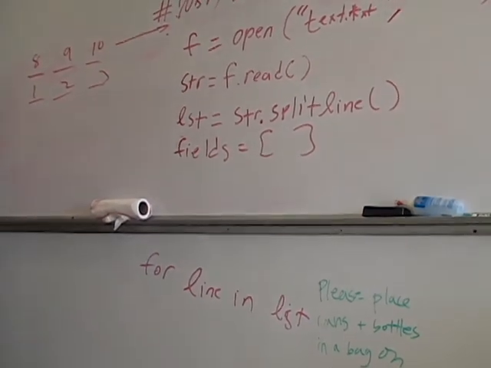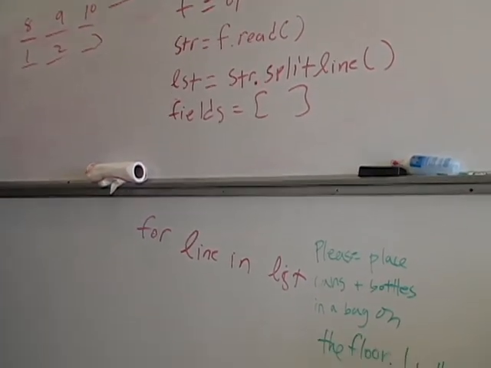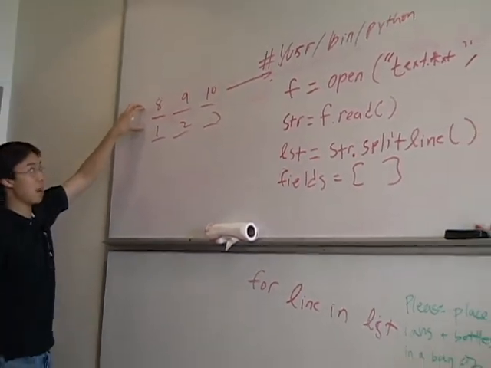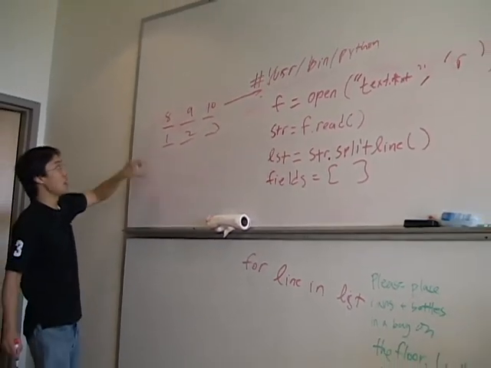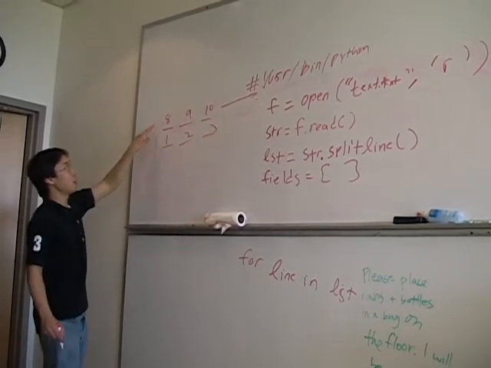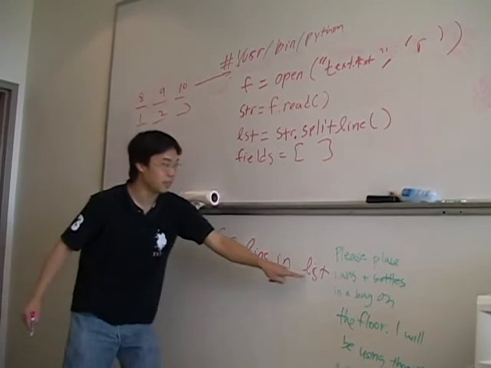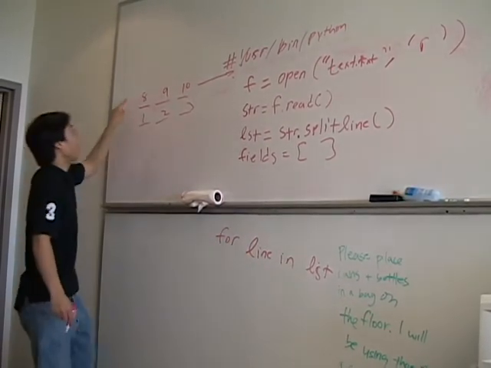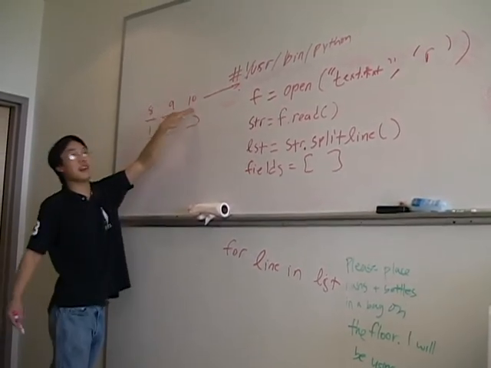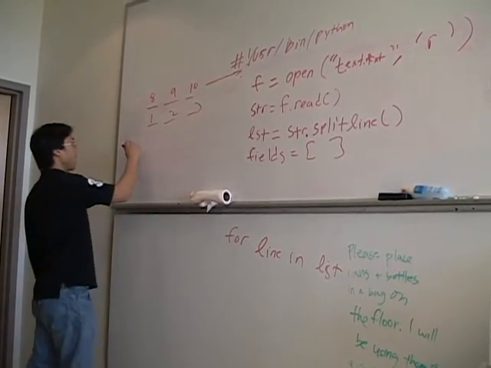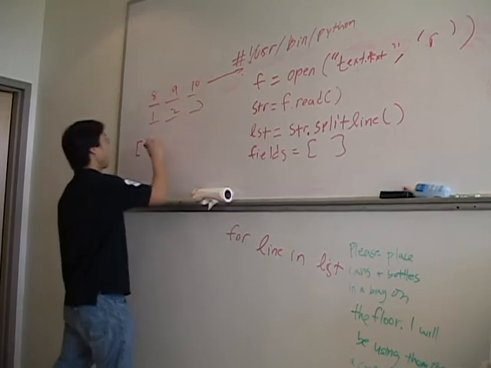What this does is it's going to grab each element one at a time. So the first element will have 8, 9, and 10. So when the for loop goes in once, line will equal 8 space 9 space 10, because that was in the list. List basically has this right now.